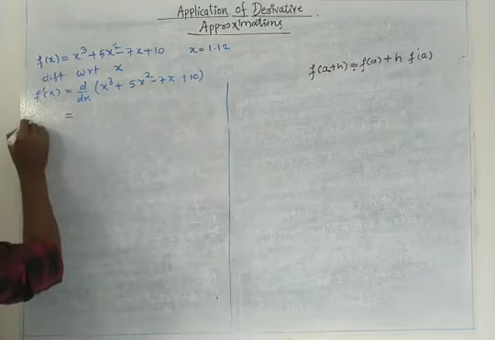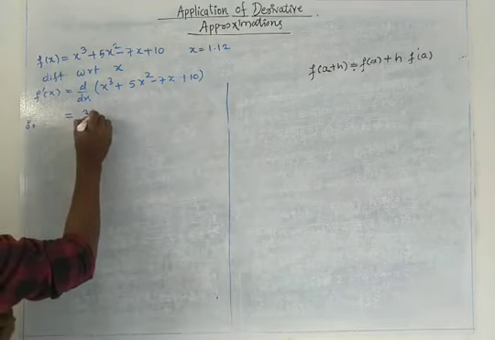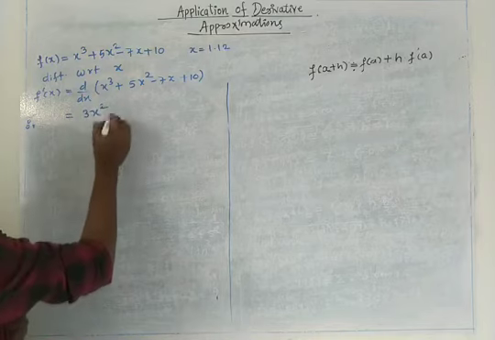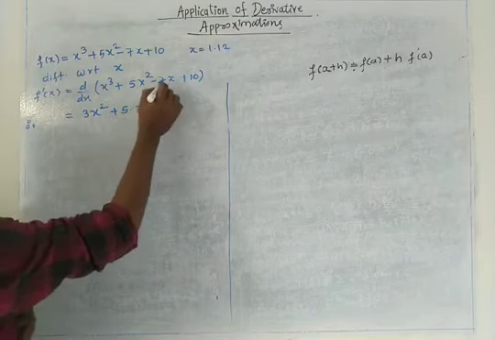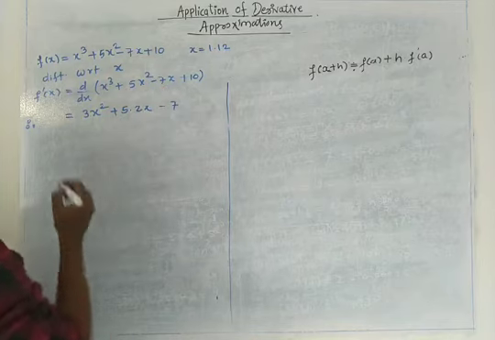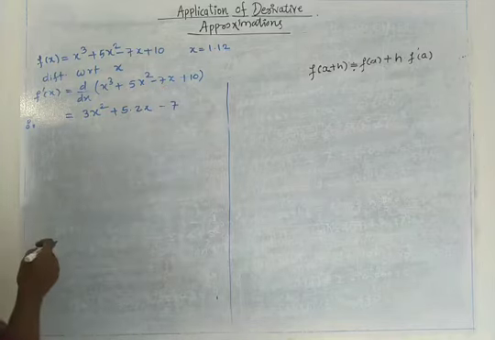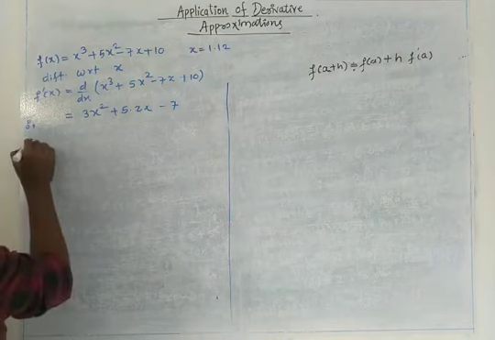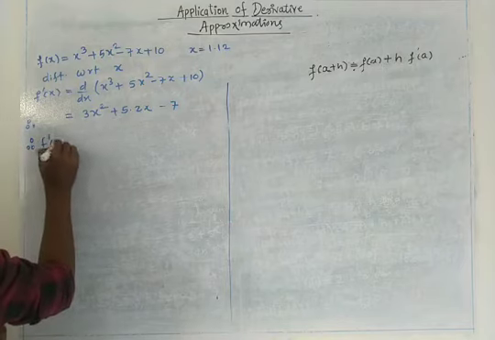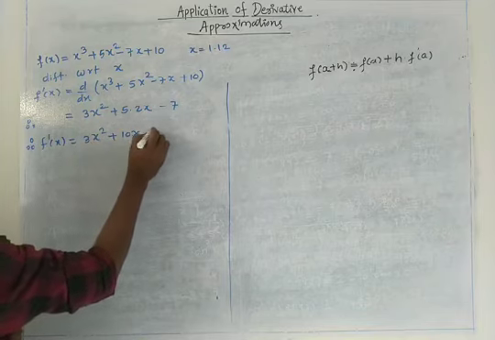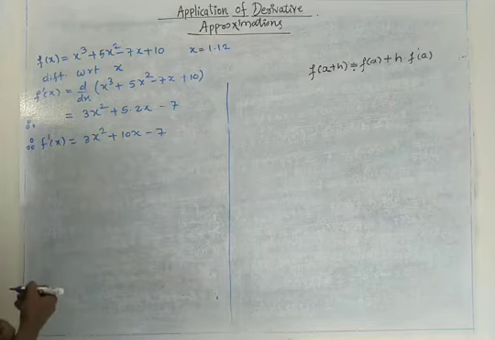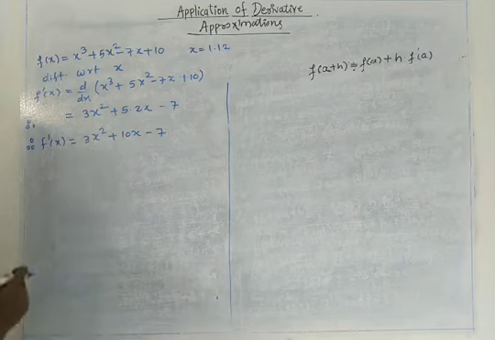The derivative of x cube is 3x square, plus 5 into the derivative of x square, 2x. The derivative of 7x is 7, and the derivative of 10, that is a constant term, is 0. So our final value of f dash of x is 3x square plus 10x minus 7. Okay, so here we finish with the derivative.